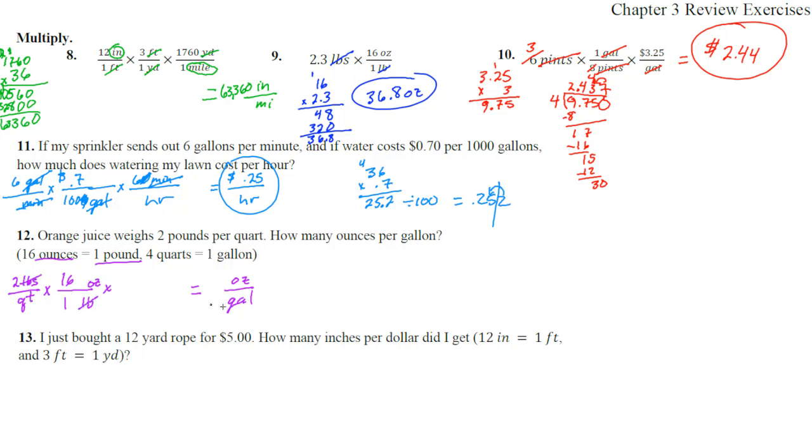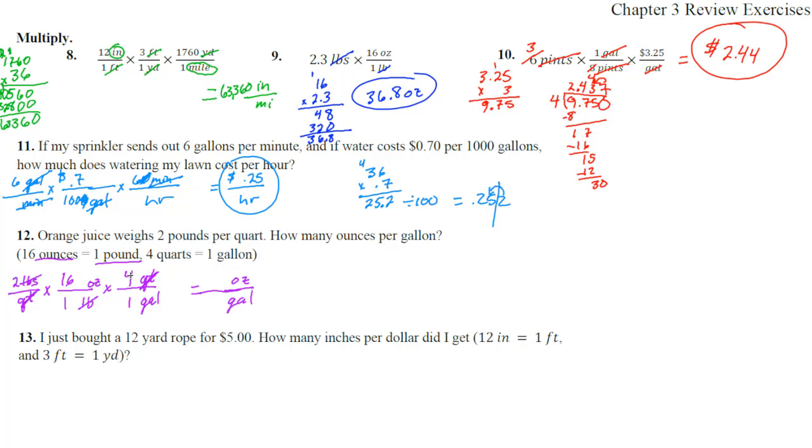Now we've got to change quarts into gallons. 4 quarts is 1 gallon, so we're going to times by something that cancels with the quarts and puts gallons on the bottom. So how many quarts per gallon? 4 quarts per 1 gallon. And that'll get rid of quarts. It's almost like you construct this to get the answer you want there. So we get 2 times 16 times 4.